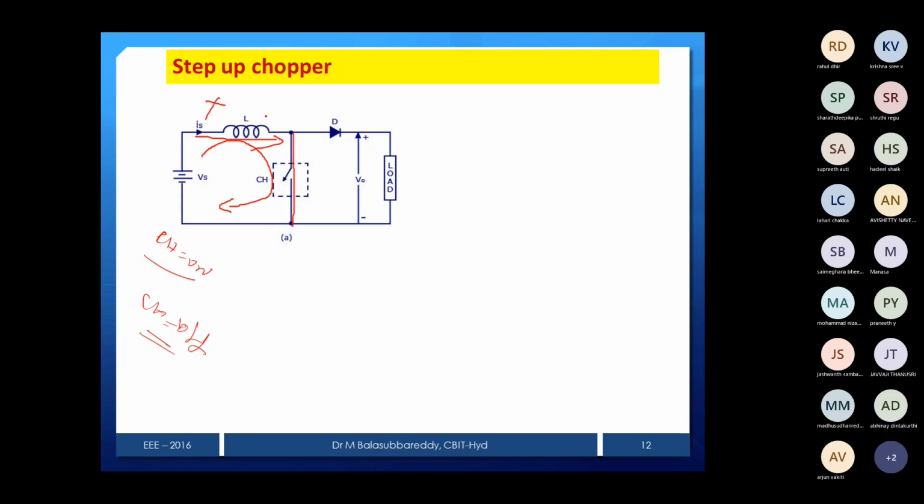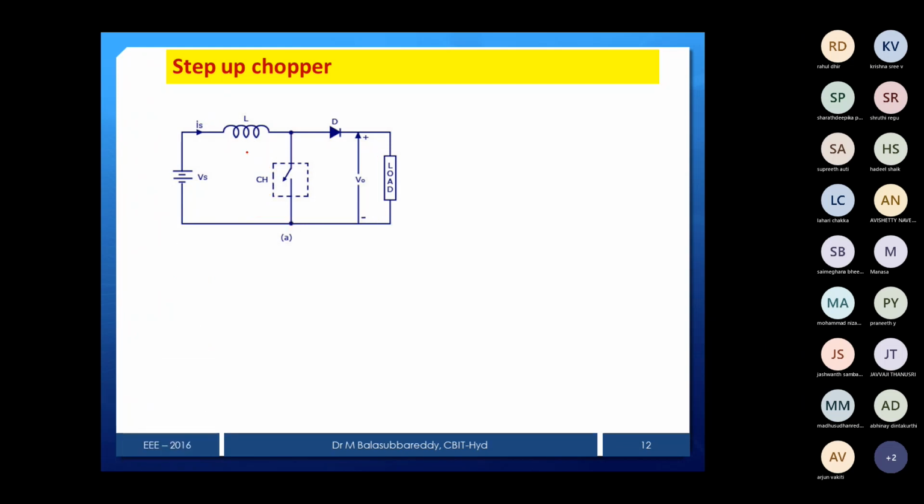This is plus, this is minus, so the inductor is directly connected in parallel with the source. Therefore the inductor will store some energy, and current also passes through the diode to the load. Output is the same as the source. That is the case whenever the chopper is turned on.